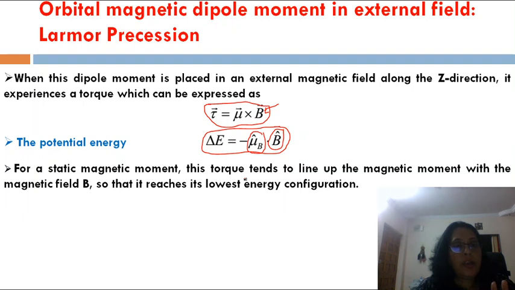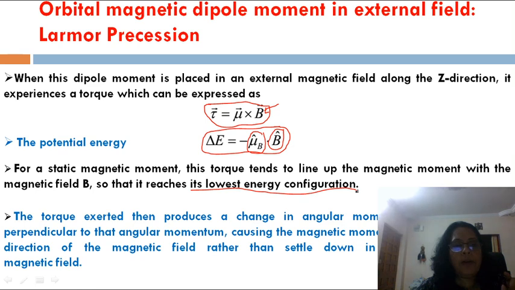Okay, it creates two components. One component of the torque is along the direction of B, so that it is parallel to B, and it tries to reach the lowest energy of the configuration.